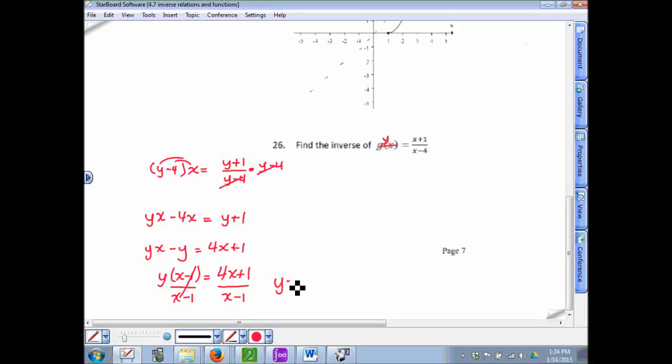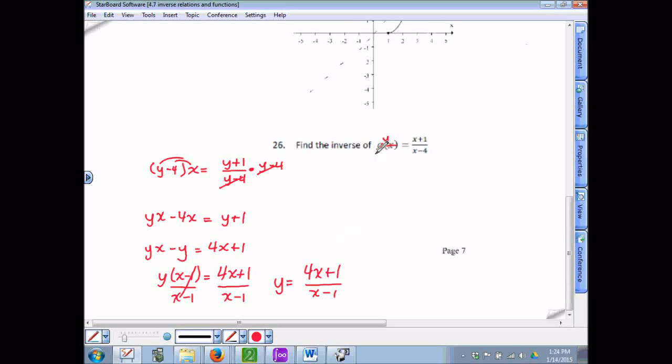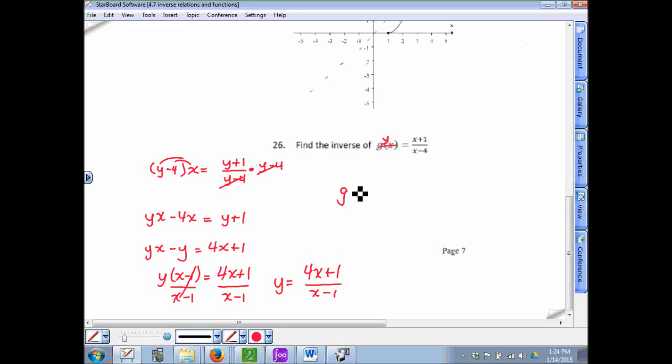And you've isolated y, so y equals (4x plus 1) over (x minus 1). Technically, since we started with the g function, we need to show that this is the inverse of that, so the inverse of g is equal to (4x plus 1) over (x minus 1).